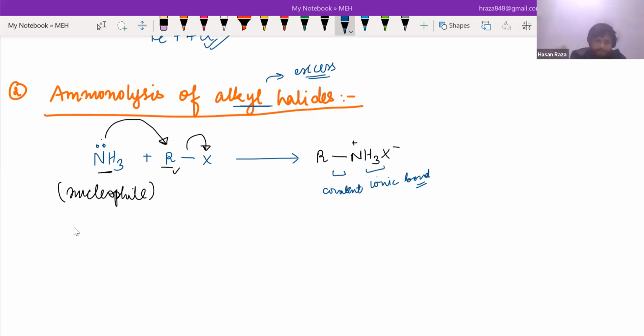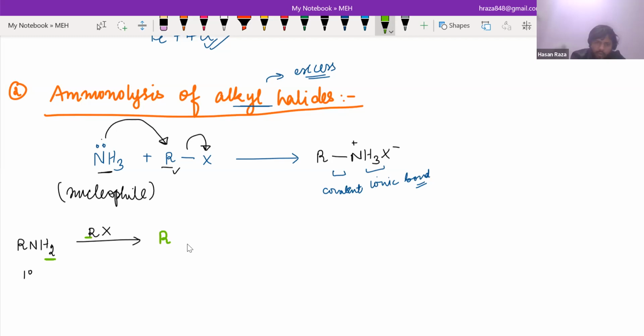Now see, RNH2. This is your primary or 1-degree amine. If you are going to react this with RX, so what will happen here? It's very important to note, and this reaction is quite important. So see what will happen. You just need to do one thing. Just replace one of the hydrogen with R. So what you will get?